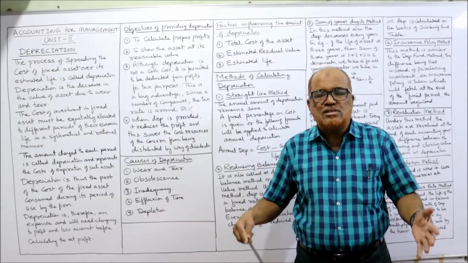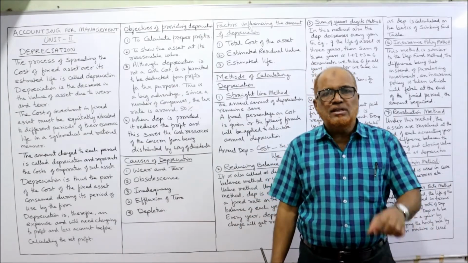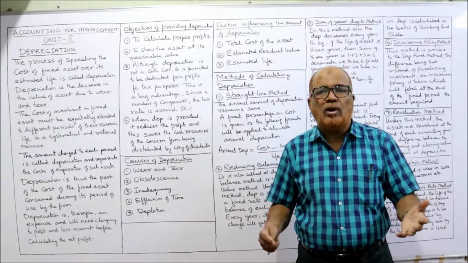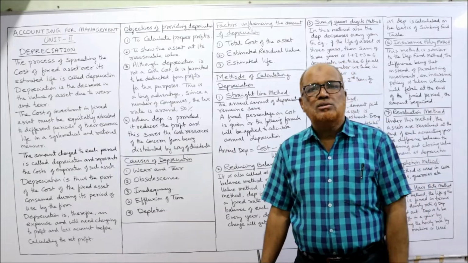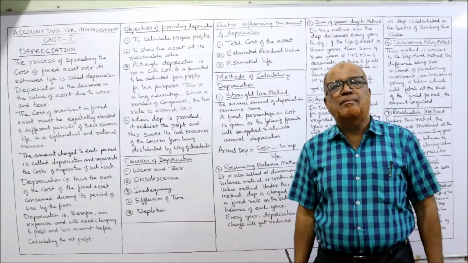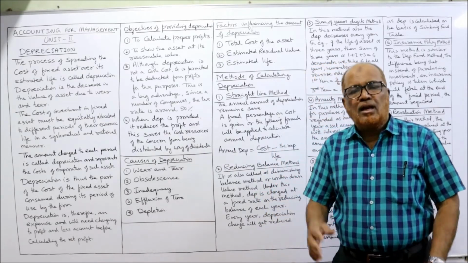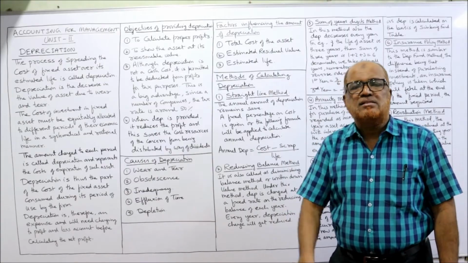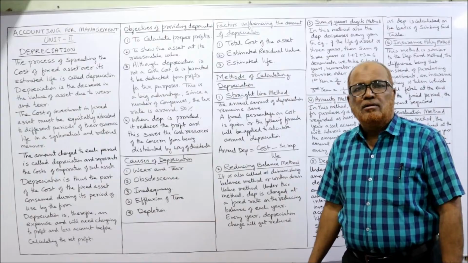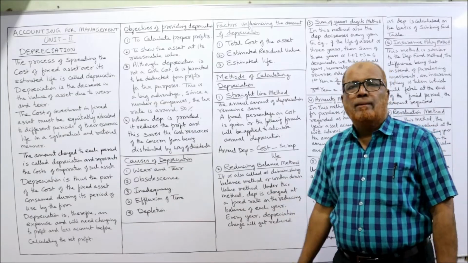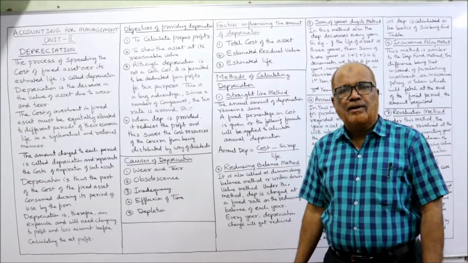Many natural resources are there in the earth. These natural resources are extracted, like oil, coal, minerals, then stones. All these things are there beneath the earth. So there are many businesses which extract these resources, and there we apply depletion. So these are some of the causes of providing depreciation.